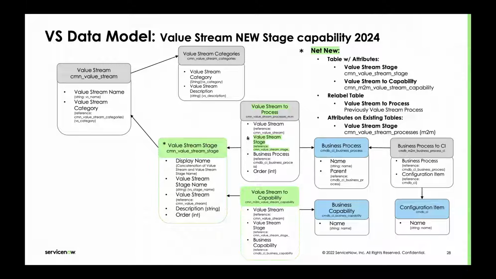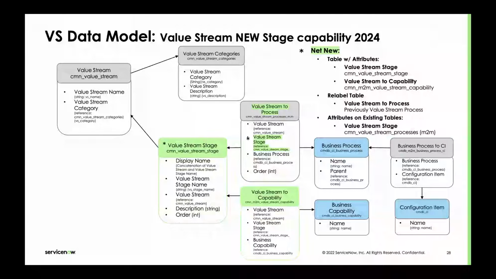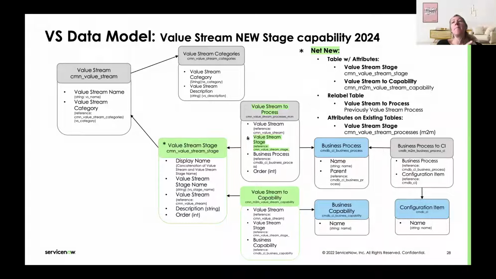And I'm targeting your EPMOs, your PMOs, and maybe your directors of strategy across the organization, or your operational excellence people, because they're the ones who are actually managing the overall business value streams and owning those value streams and getting funding to optimize them from a strategic perspective.